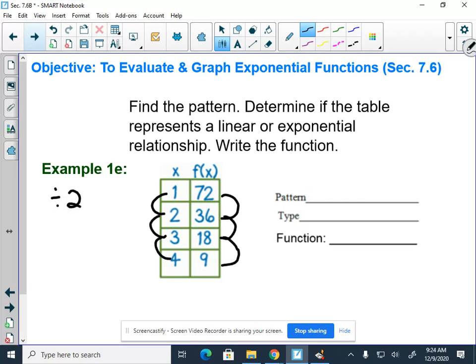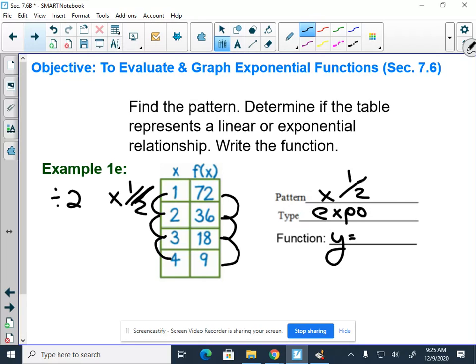Now, divide by 2, another way to look at that, you could say it's times 1/2. Because divide by 2 is the same as times 1/2 because that bar means divide by 2. So the pattern, I'm going to say is times 1/2. That makes it exponential.